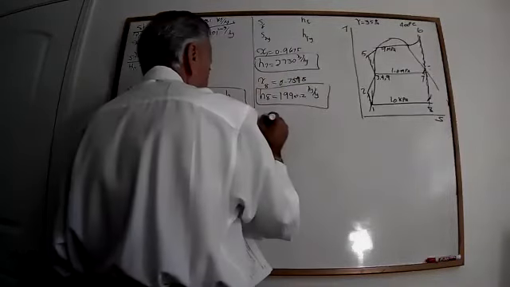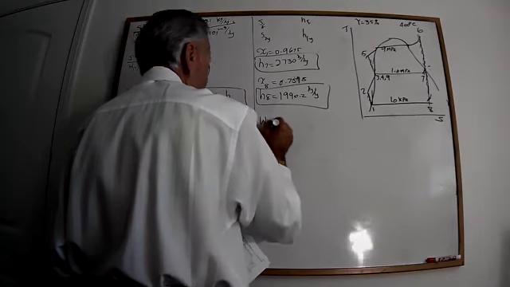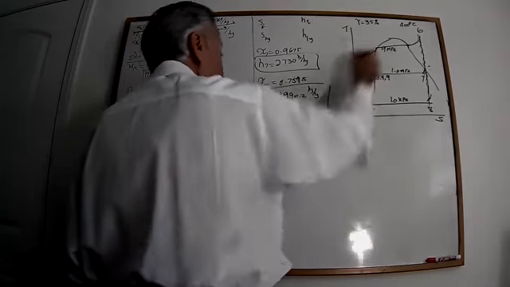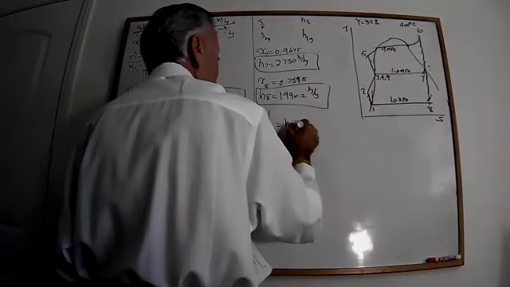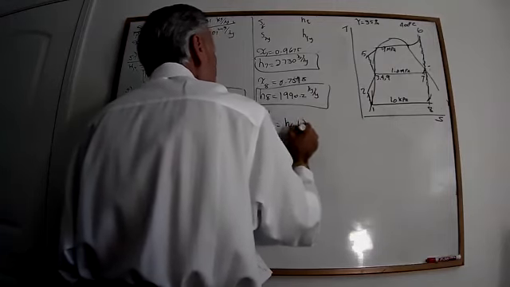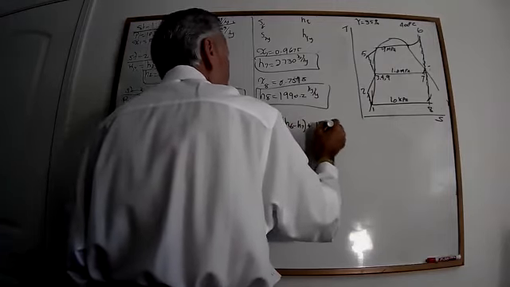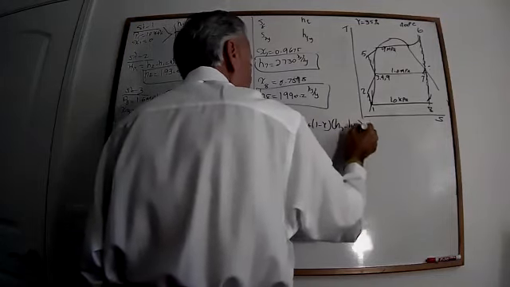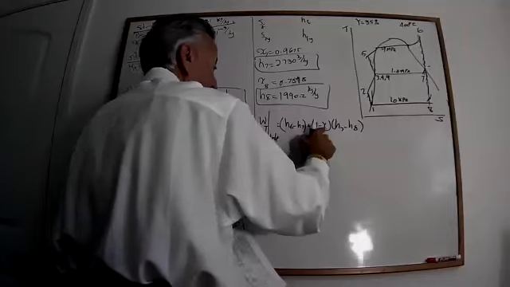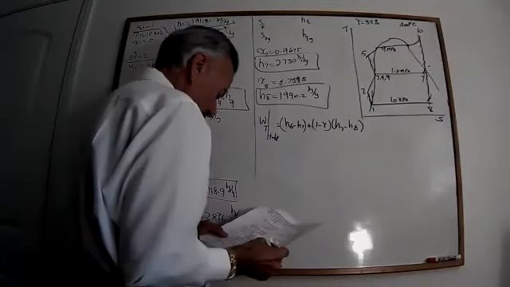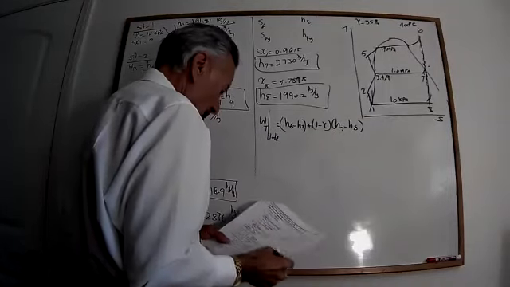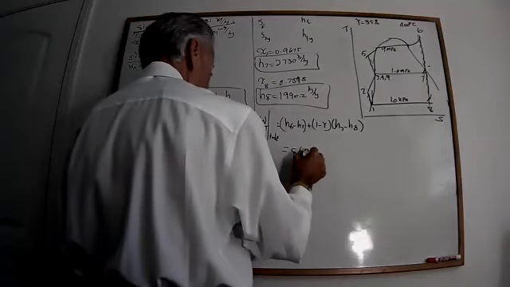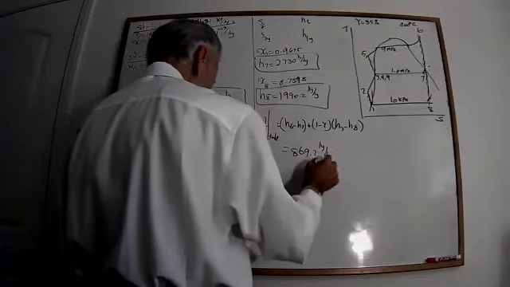So in this case, we have W of a turbine total would be the first turbine, which is H6 minus H7, plus 1 minus Y times H7 minus H8. We can find that W turbine to be 869.7 kilojoule per kilogram.